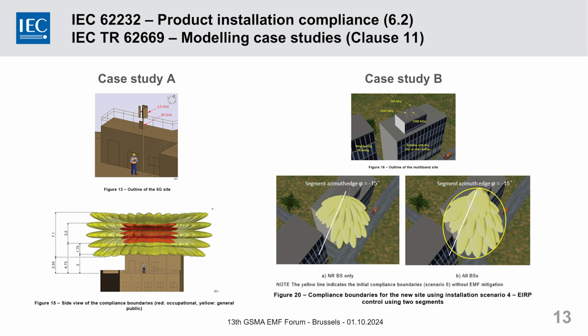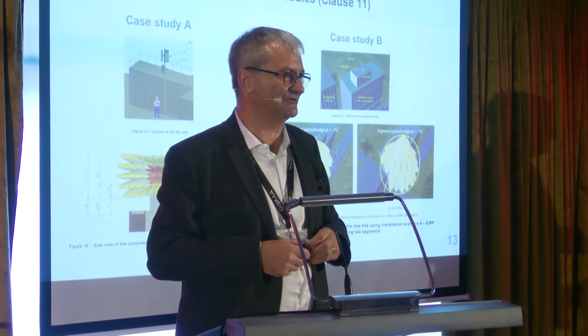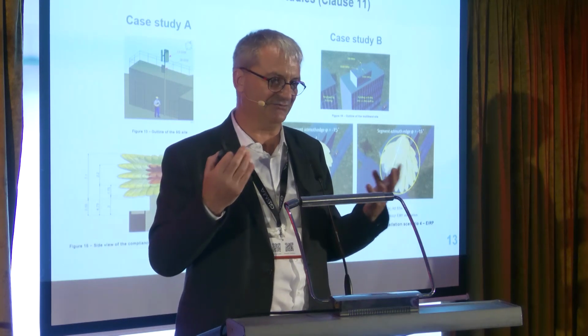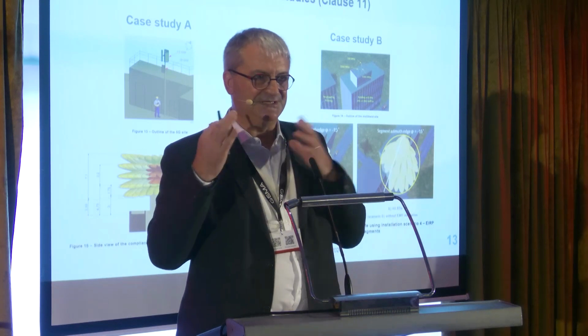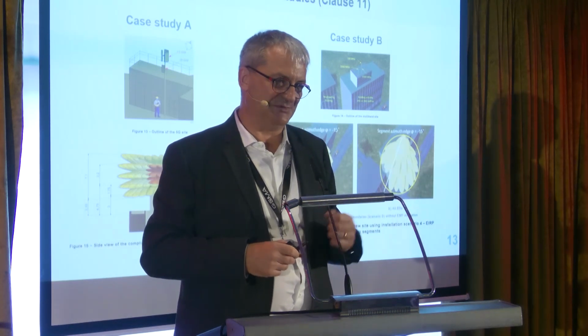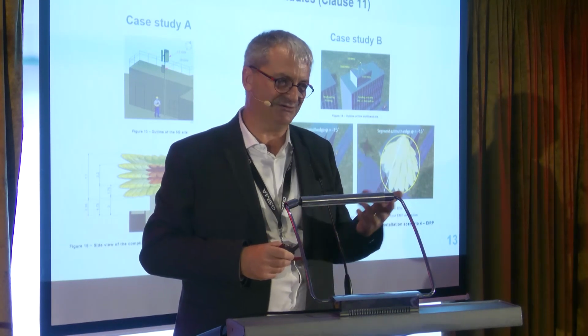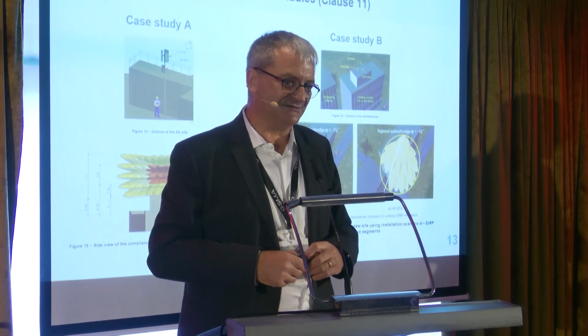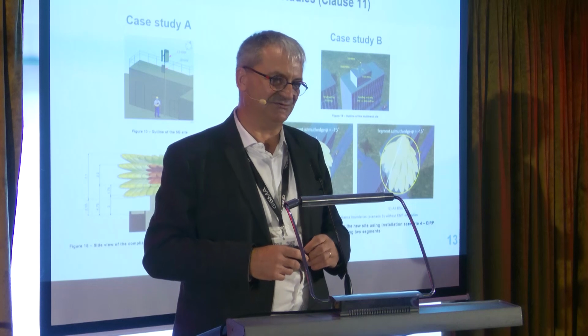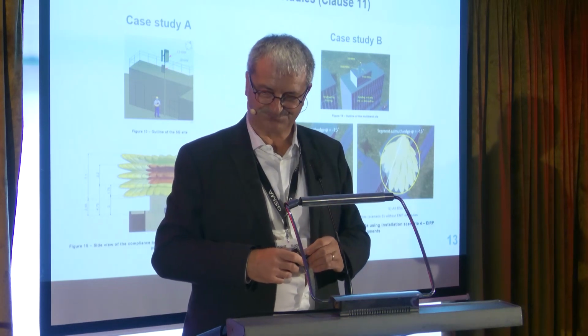The yellow part is using the general public limit, and the orange part is using the workers limit. When you put a base station on a rooftop, you always take care of two aspects: general public for everybody, and workers exposure for those people climbing on the mast or doing some maintenance of the ventilation and all these things that you can find on a rooftop.